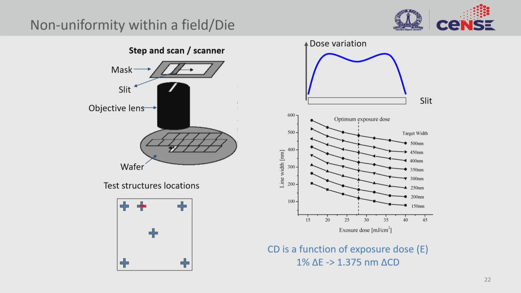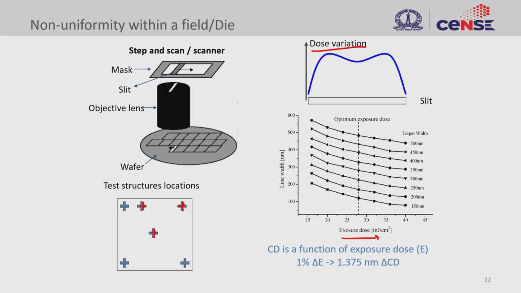So the position of your device within your chip can also play a role, because when there is a non-uniformity in the dosage that is illuminated across your die, you will have various line widths, right? So when you take this variation, you are going to have variation in line width as well.